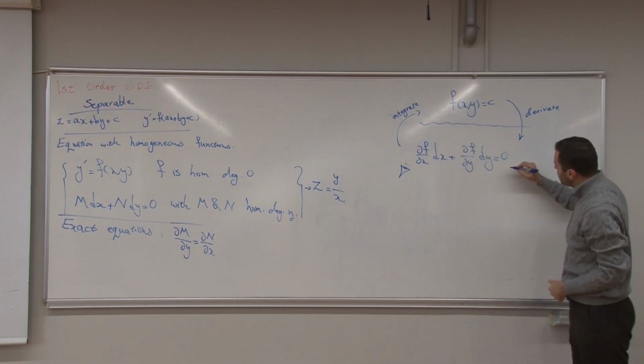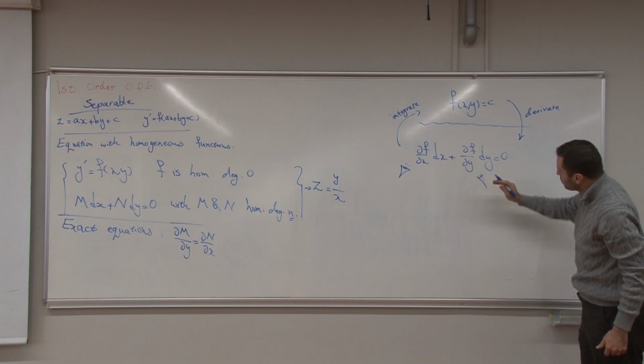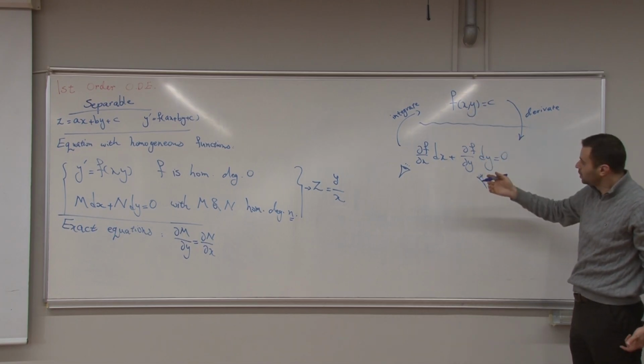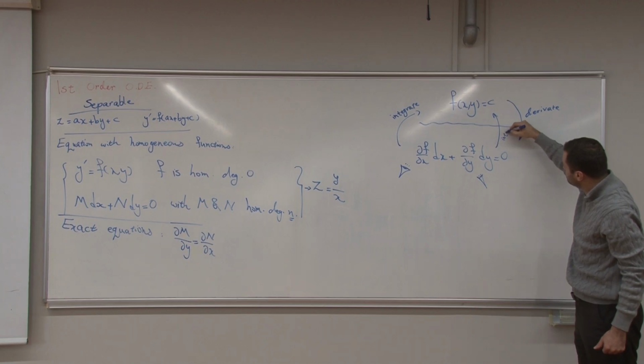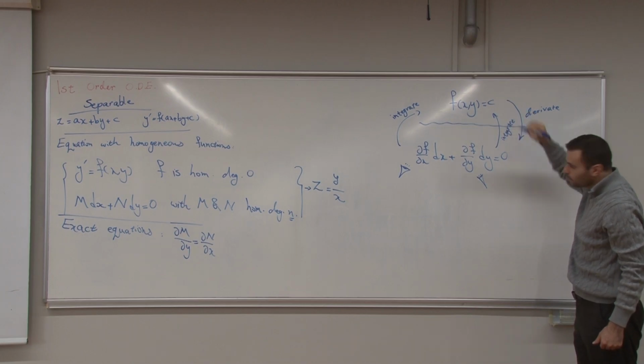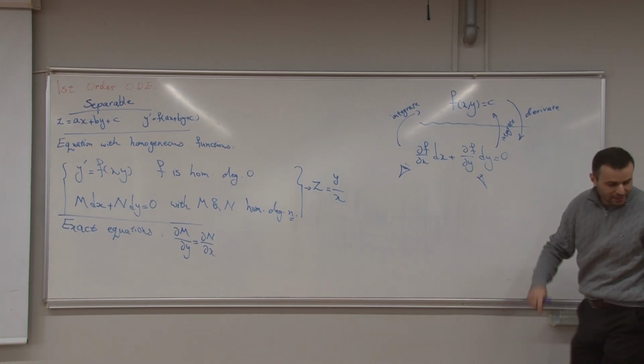So for the other half, I again need to look from this perspective and try to see what I have for the rest of it. And what was happening? We were just again integrating. Okay? So in 3 steps of integrate, take derivative, integrate, we were able to solve an exact equation.